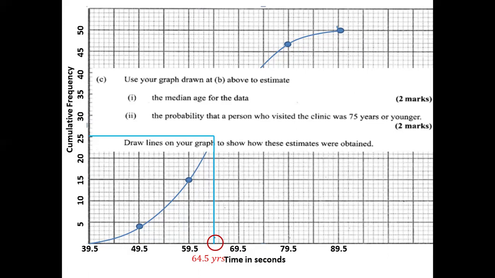So all we do is come back one place here, right in the middle there, and that would be our 75. It's not hard to find, right? And we'll continue way up to the curve and then come across here and read, right? So it's 40, 41, 42, 43, it seems to me. So it's 43 years.